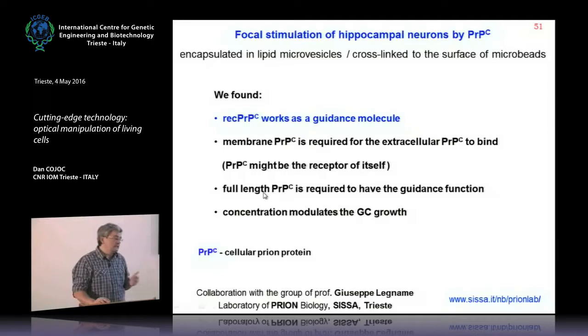Then, the full length of PrPC is required to have the guidance function, and the growth cone guidance is modulated by the concentrations. This is a collaboration with SISSA, with the Prion Biology group of Professor Giuseppe Legname.